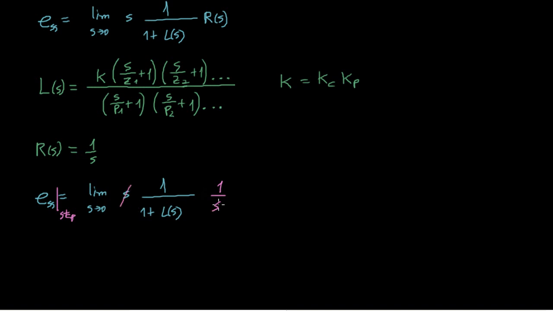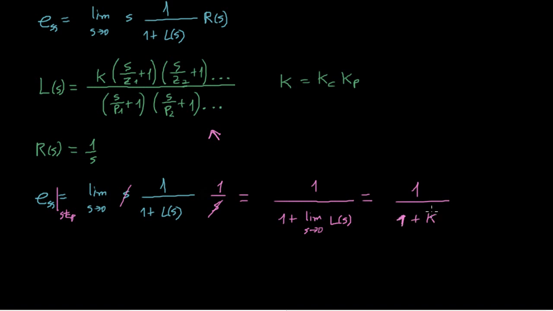Now this cancels out with this, and this is equal to 1 over 1 plus the limit when s tends to 0 of L(s). But notice that according to this, that limit is just the gain, the open loop gain.